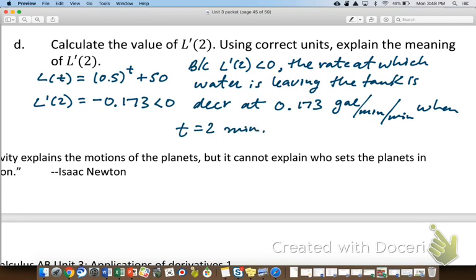So I'm trying to include all the units that I need there. But again, since the rate of change of L is negative, that means the rate at which water is leaving the tank is decreasing, 0.173 gallons per minute squared.